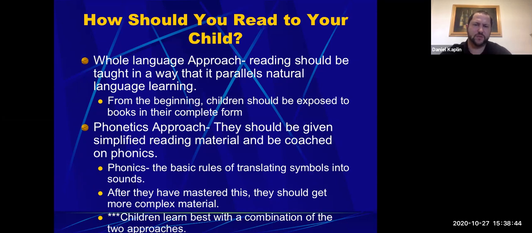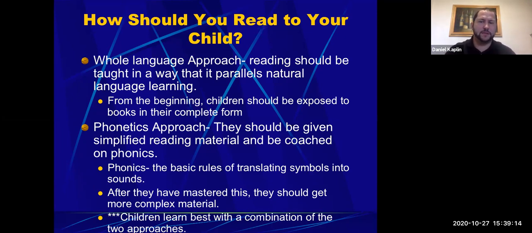So the question is, well, how should you read to your child, right? So this is an application. So there are different ways people do this. And ultimately, I'm going to argue that each of the ways have their own benefits. So one way to read to your child is the whole language approach. So in this approach, reading occurs and it's taught in a way that parallels natural language.